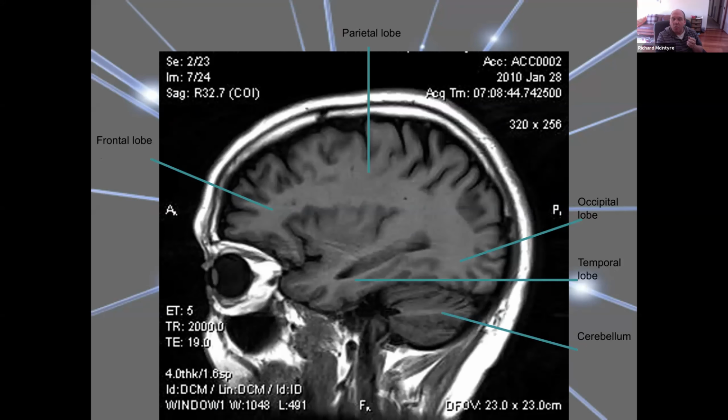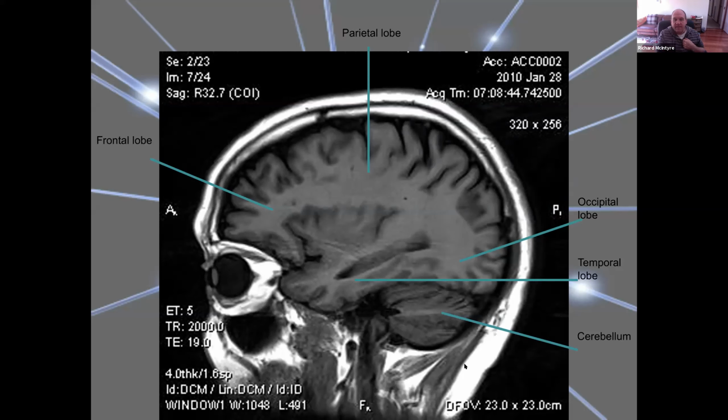Whilst in the chest, we pay most attention to axial images, in the brain, probably most of the information is axial, with a lot of sagittal and a lot of coronal, whereas in the chest, you really pay attention mainly to axial images. Okay, so yeah.